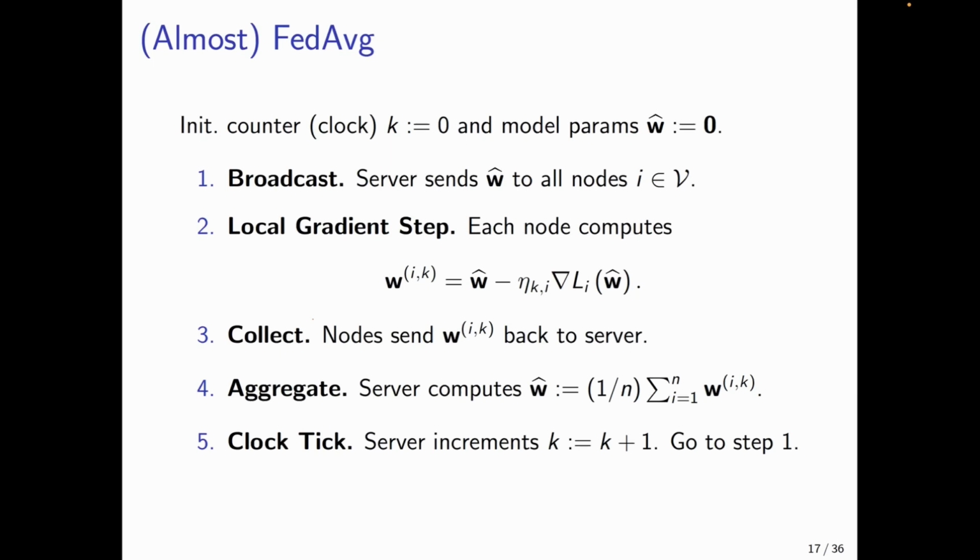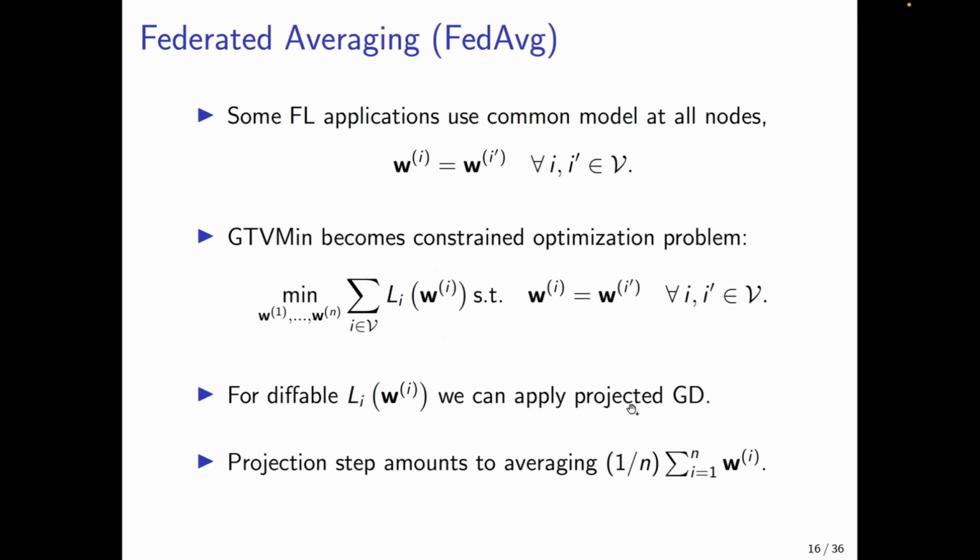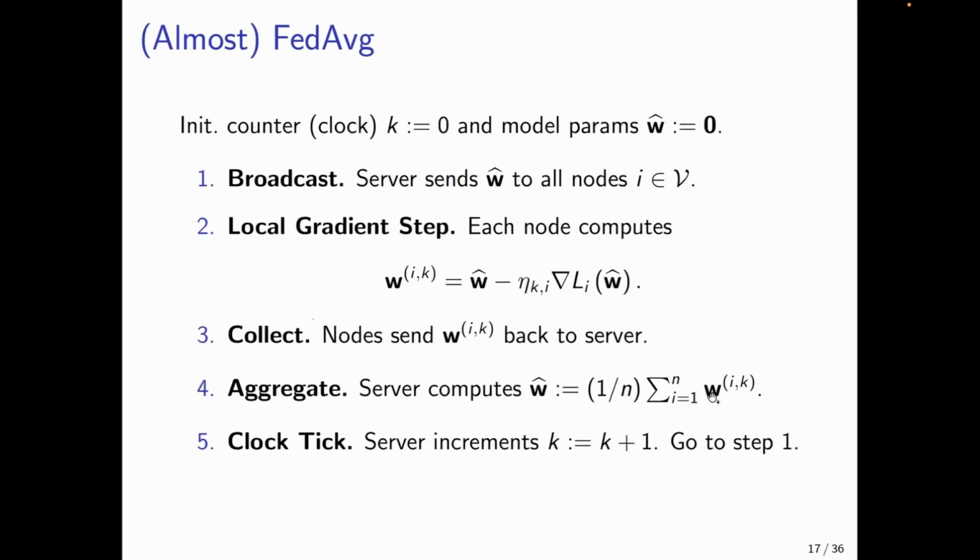This is the same as if each node would just train its model on its own local data set. But we couple those by having the server collect all these updated model parameters and compute the average. And this average, hence the name averaging, is nothing but a projection step within projected gradient descent. So federated averaging is an instance of projected gradient descent.